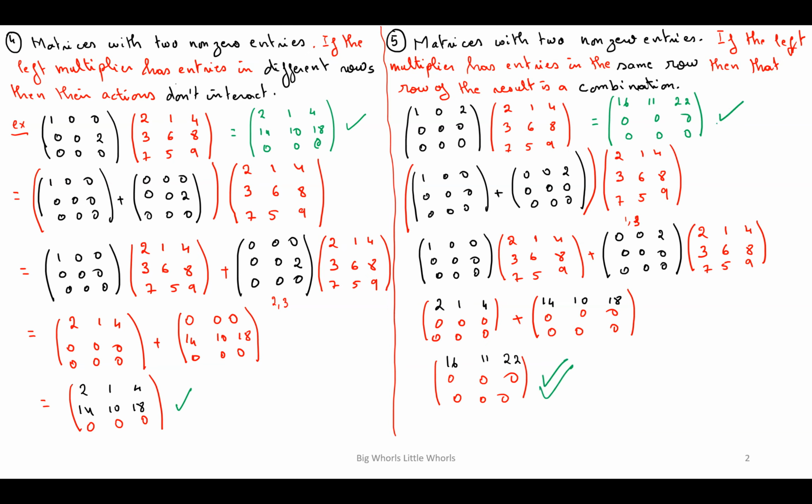So let me say note, 4 and 5 operations, if multiplied from the right, it is going to act on the columns similarly.